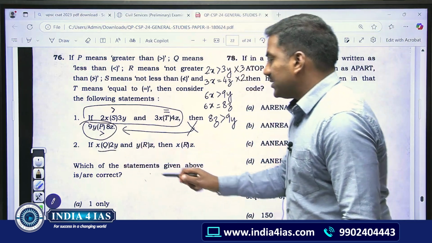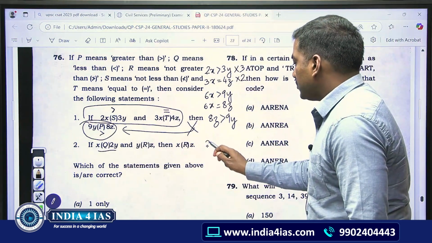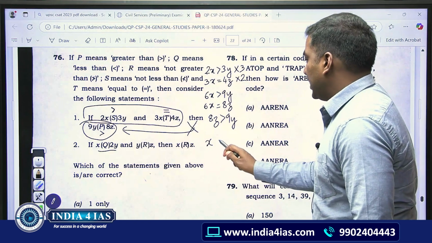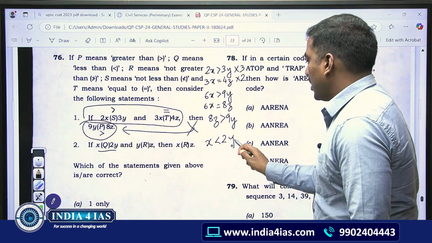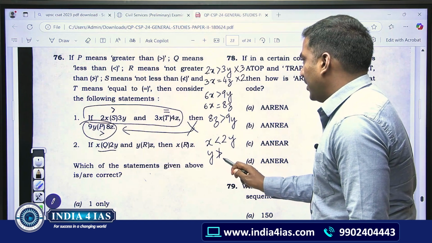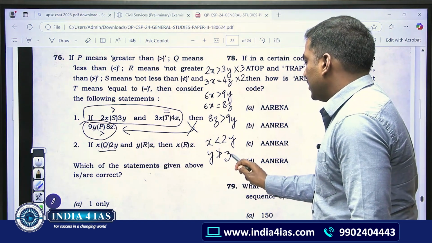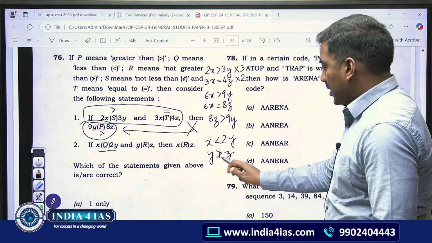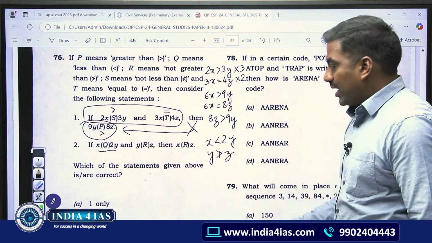If x is lesser than 2y and y is not greater than z. So here the common thing is y. But let us look at it the other way around.